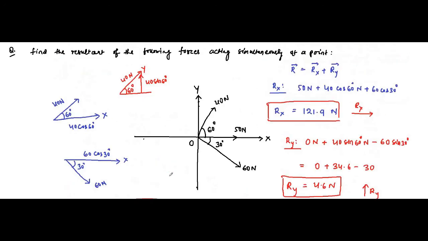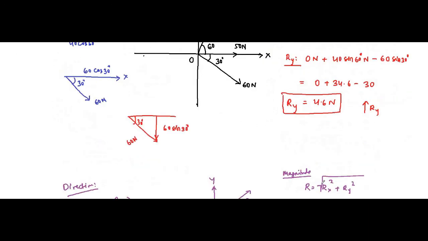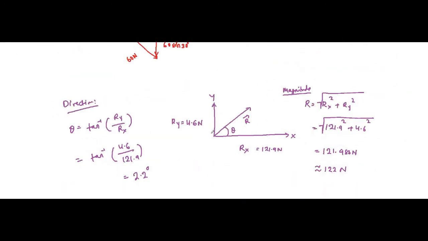Here we used the vector components approach, and that simplified the whole operation. First we took the individual vectors, we found their x and y components, then we added the x components together, we added the y components together, and then using the rectangular component approach we found the resultant.